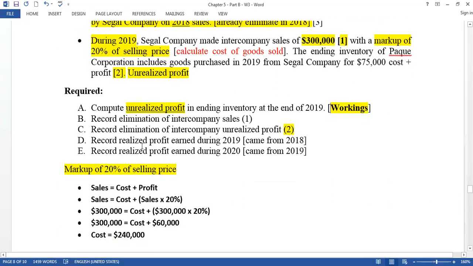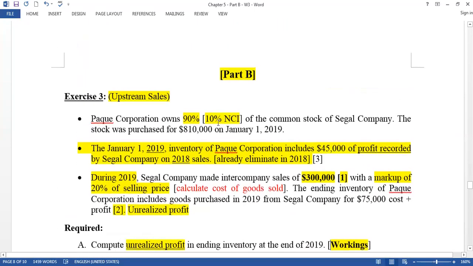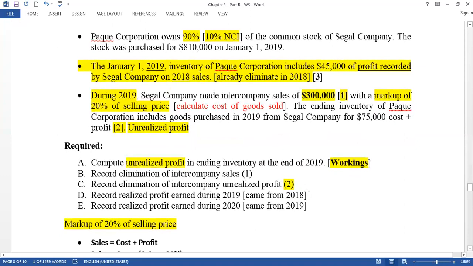Then we are going to record realized profit, the second part of the question. This is the third journal entry. Now I can add a fourth journal entry.